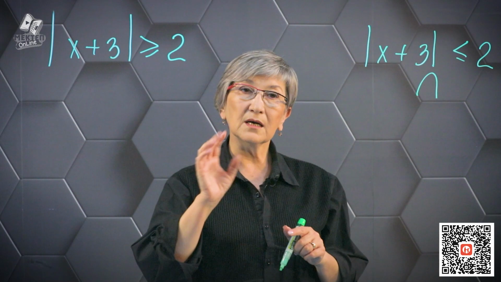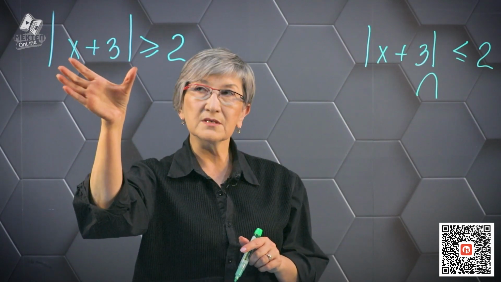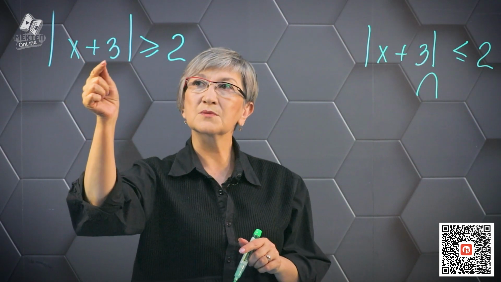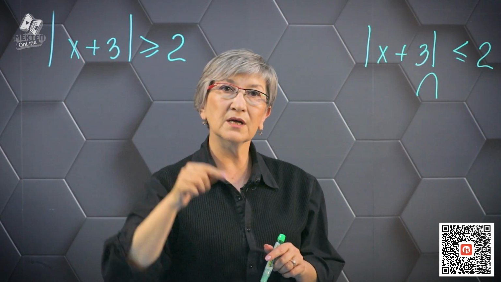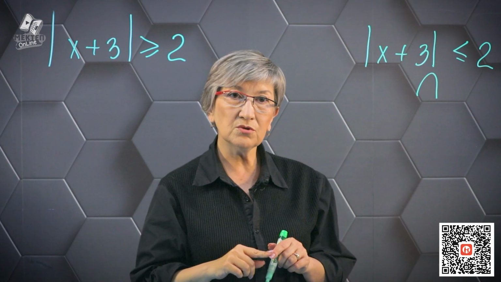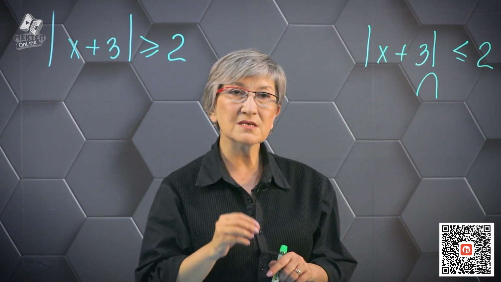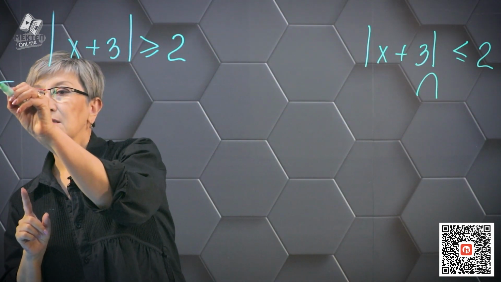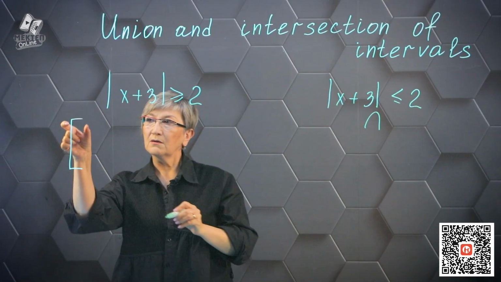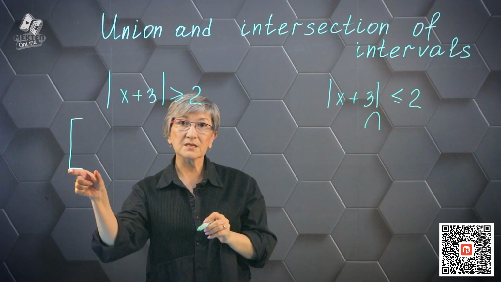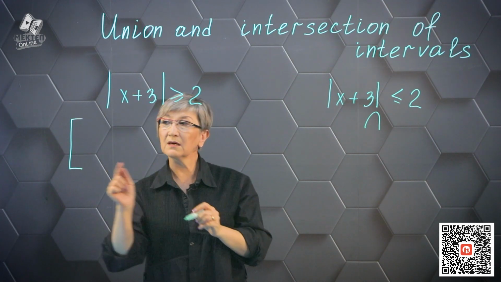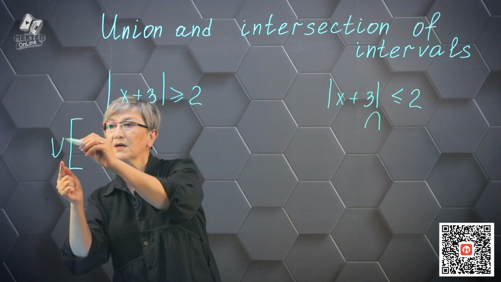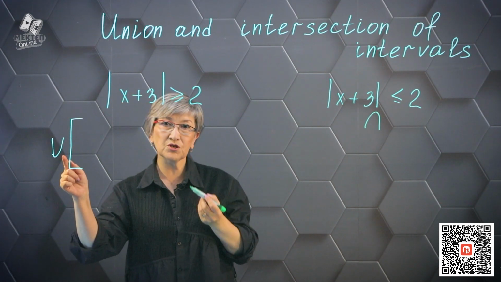So let's solve the first inequality where the absolute value of the expression x plus 3 is greater than or equal to 2. In this case we need to make a set of two inequalities. This sign denotes the aggregate, but most importantly, this sign means that in the answer we will find the union of the resulting numerical intervals.